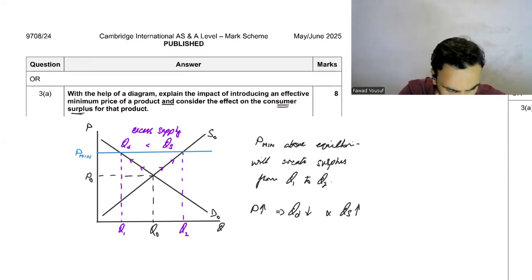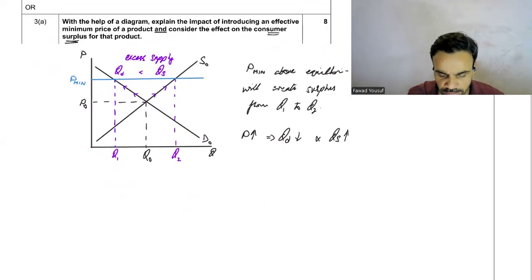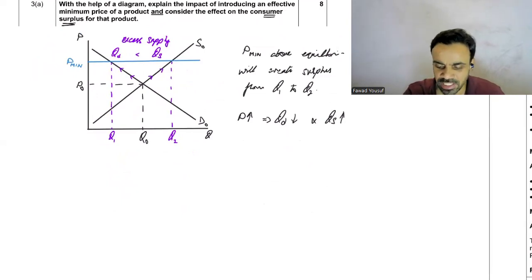Consumer surplus for that product और ये analysis के अंदर है, usually knowledge and understanding definition should not be given, but since the term is mentioned, I think we should always, you never know, हो सकता है पहले consumer surplus की definition would be considered as part of knowledge and understanding.